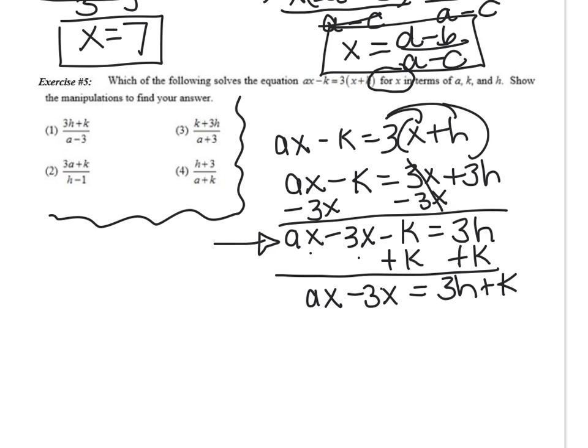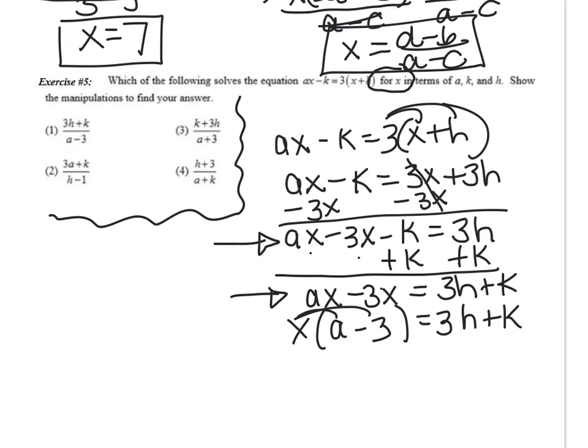Sure enough, take a look, you've got an x isolated on the left side, however, it is stuck inside two terms in a binomial. So in order to isolate that x, we need to undistribute, pull the x outside of parentheses, and think about what used to be in those parentheses before you distributed the x. Obviously, it must have been a minus 3, because x times a is ax, and x times negative 3 is negative 3x.